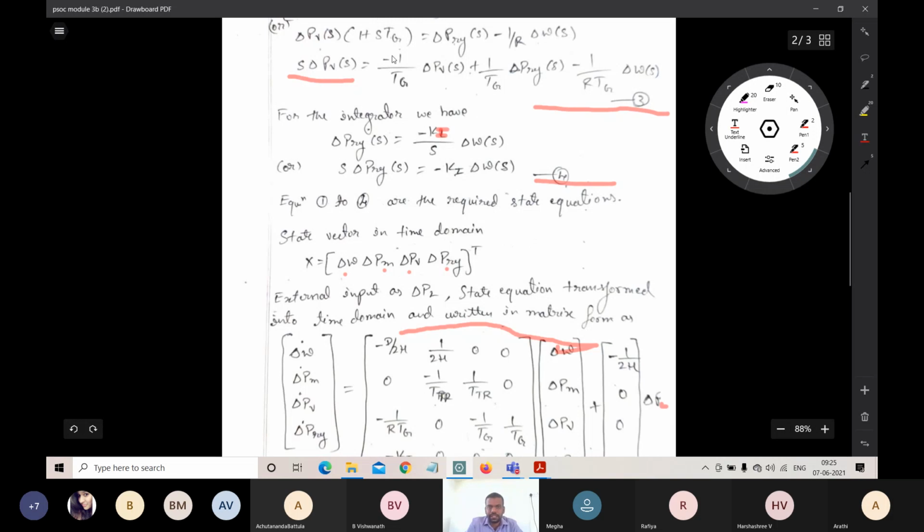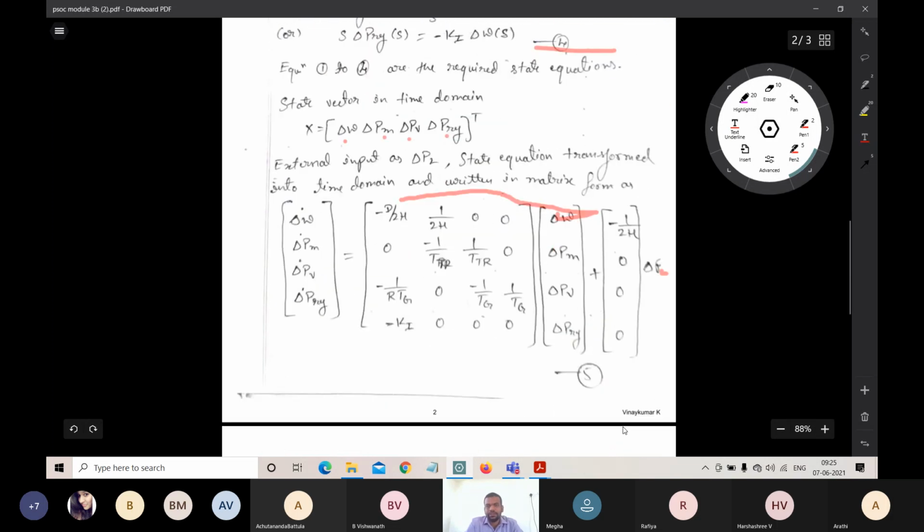Delta pv is minus 1 by tg, and delta p reference is 1 by tg. There is no delta pl, so 0, 0. So I have written equations 1, 2, 3, 4 in terms of matrix. In equation 4, only delta omega is there, that is Ki, so the remaining terms are 0.